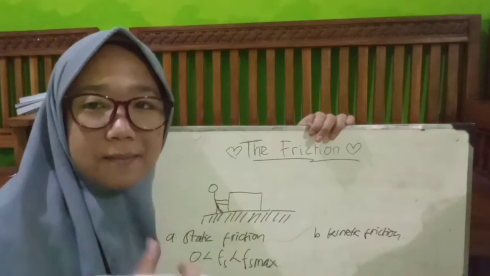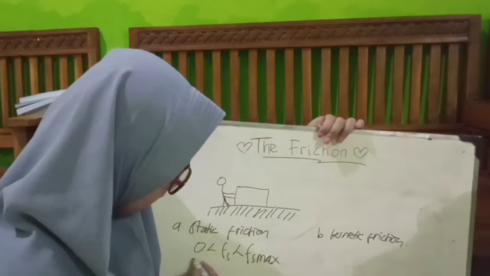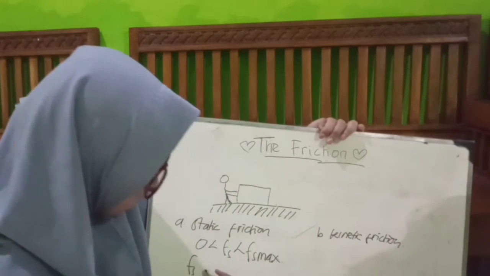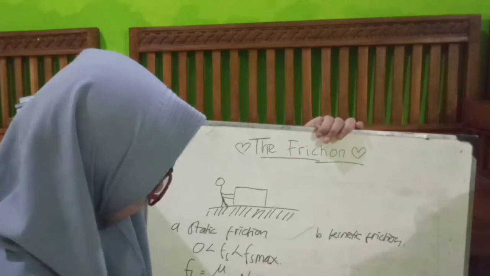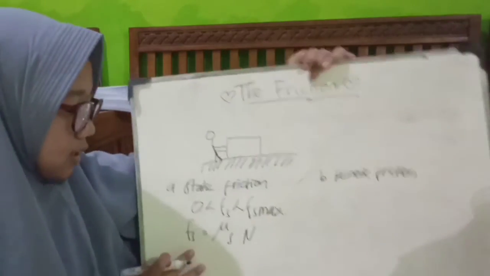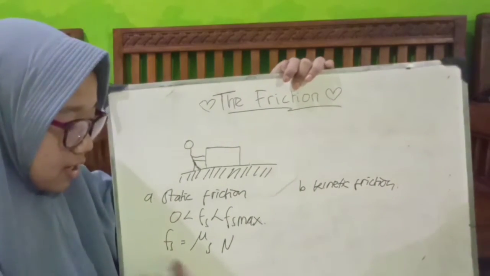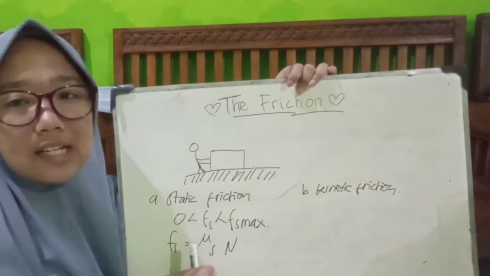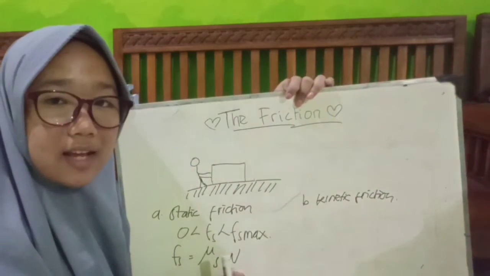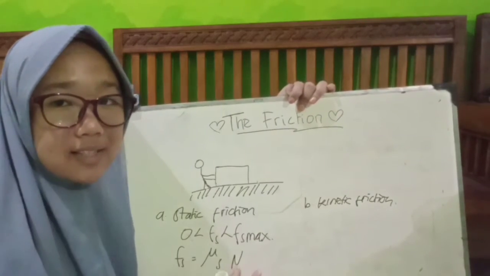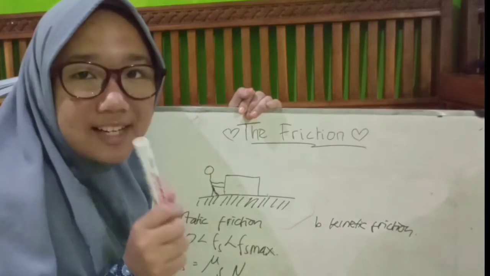To find the maximum static friction force: Fs for static friction, µs for the static friction coefficient, and N for the normal force. Okay, until here, do you understand?